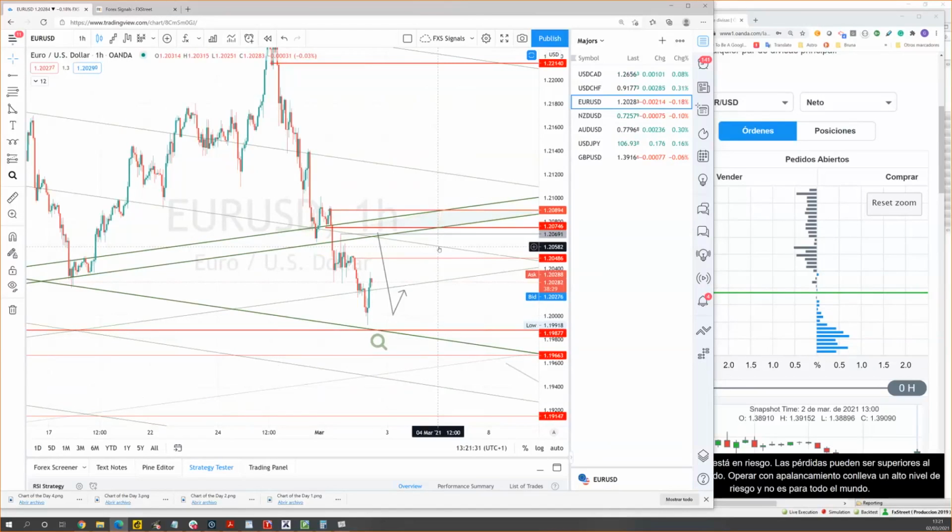So with intersections of lines, you can have a double intersection of two dynamic lines, or a dynamic line with a horizontal line, or a triple intersection of two dynamic and one horizontal. The point of intersection is the midpoint, let's say, of the potential for the price to reverse at that level.